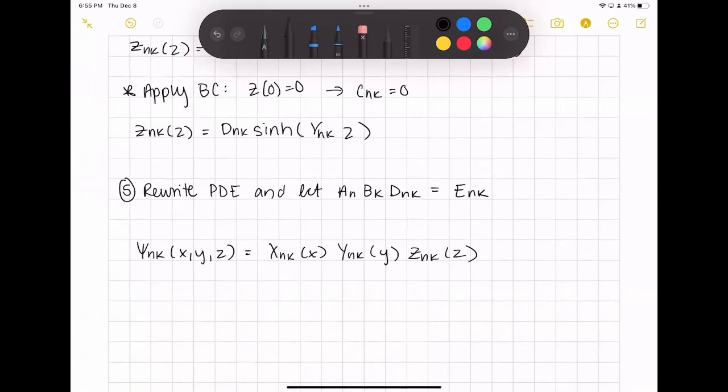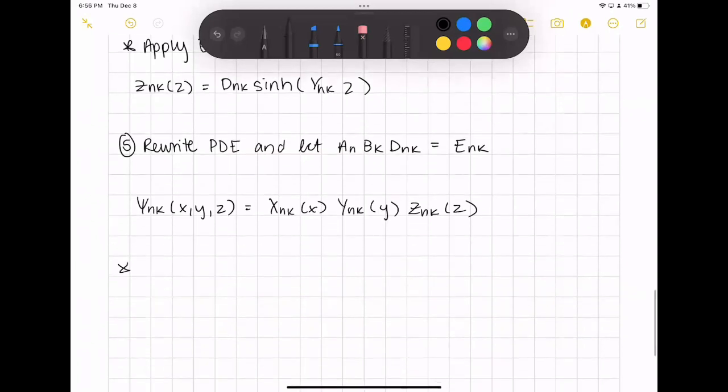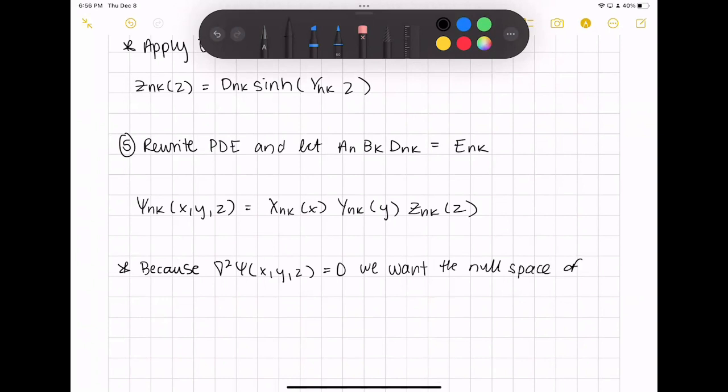So here, when we use the principle of superposition, we comment on the fact that because our operator is equal to 0, that means we want the null space of this linear operator.